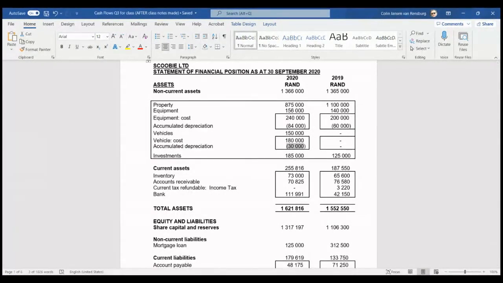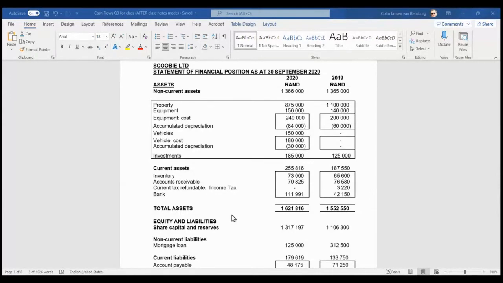So that means how much was our depreciation expense for the year on our vehicles? 30,000 rands. There we get it, Scott. I see you have answered this. So clearly, ladies and gentlemen, our depreciation expense for the year on vehicles was 30,000.